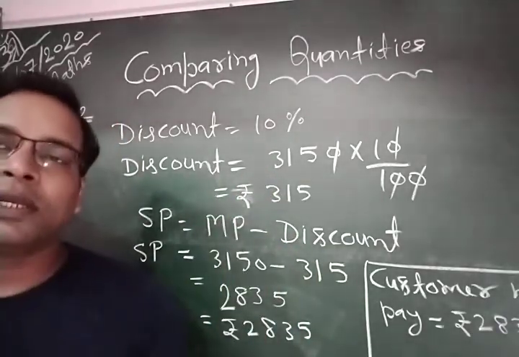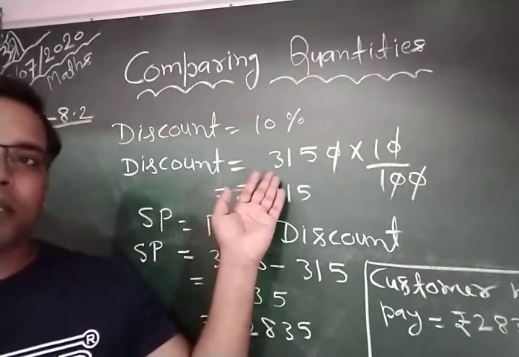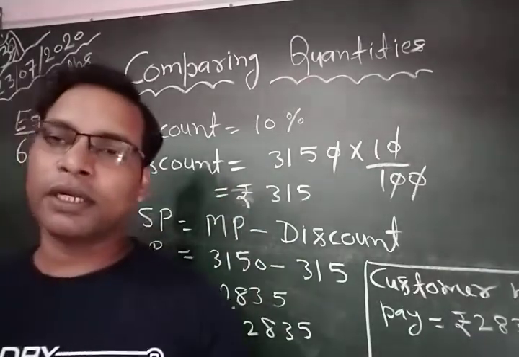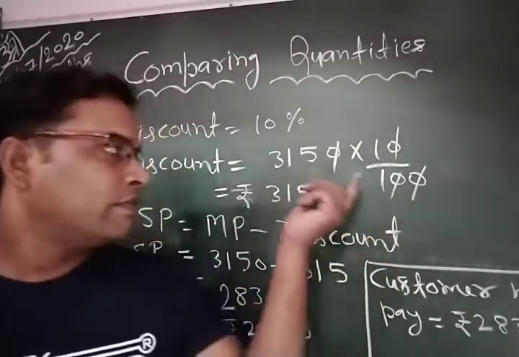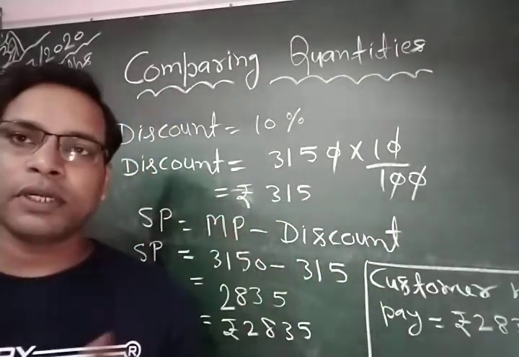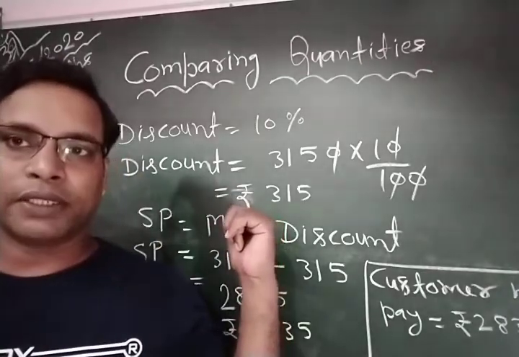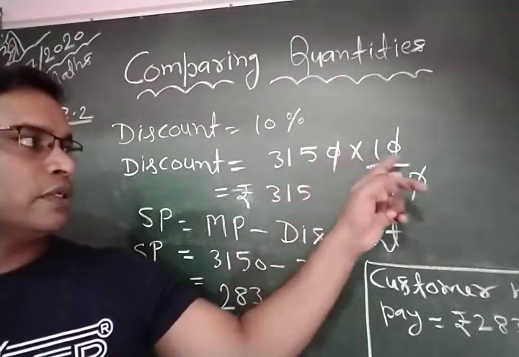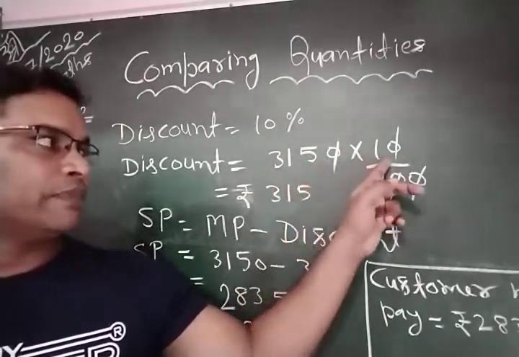This is the total MP. The discount given on all items is 10%. Students, we find discounts only at marked price. So we find the discount as MP into discount percentage. MP is 3,150 into 10%.